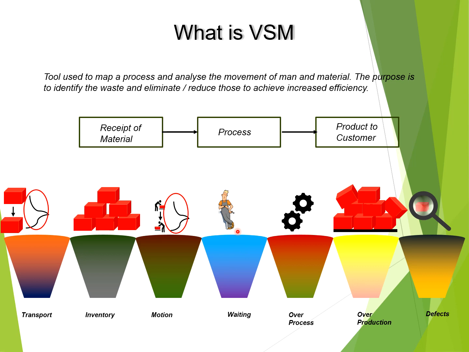Then the operator waiting for the instructions to move forward, or it is held by quality for some reason, that is the waiting loss. Then any process for which the customer doesn't pay us, where we are doing something extra, that is over process. Then we have overproduction, and defect, of course, this is the complete scrap or waste. So these are the 7 wastages which may occur while we are performing these 3 activities.